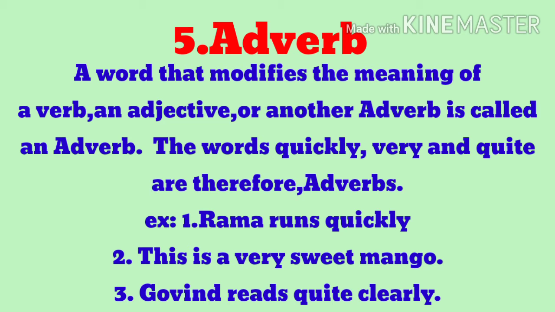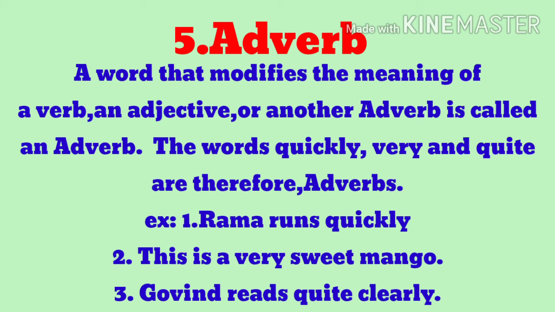Govind reads quite clearly. In sentence 1, quickly shows how or in what manner Rama runs, that is, quickly modifies the verb runs.